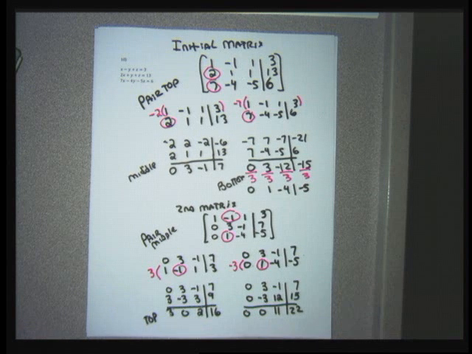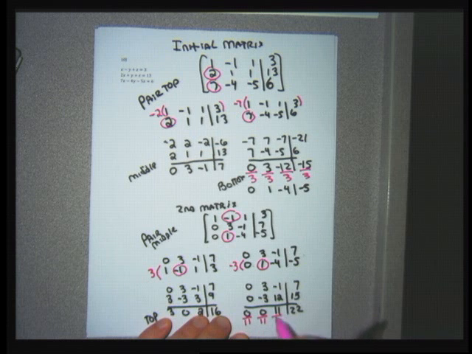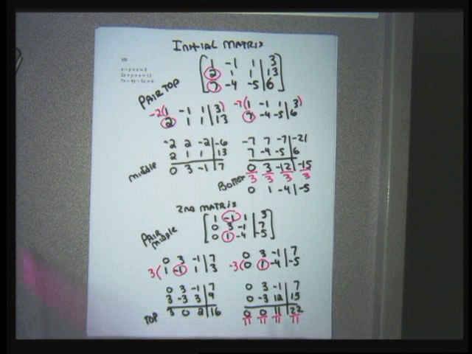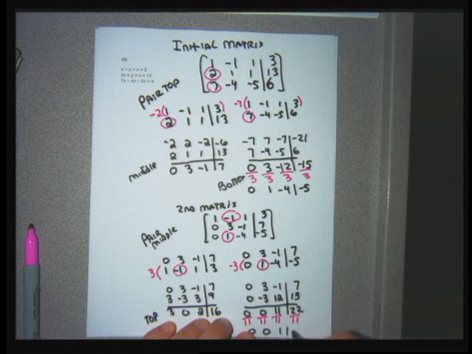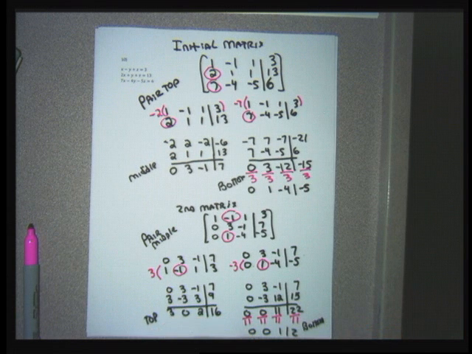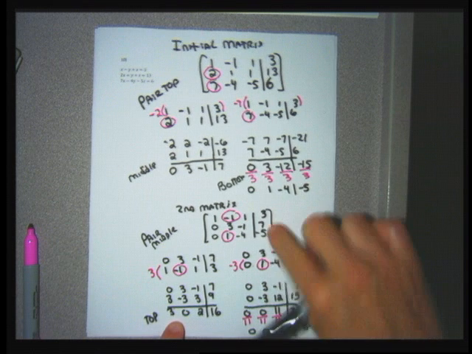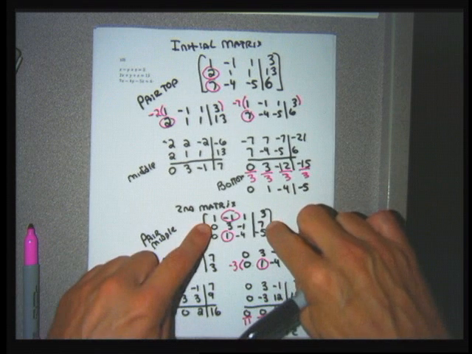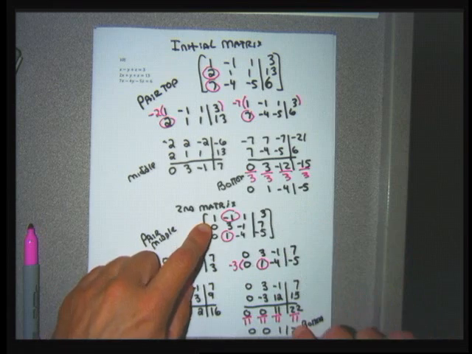I'm going to divide these by 11 and get 0, 0, 1, and 2 for my new bottom. So I'm getting ready to write down my third matrix. My third matrix is going to have a top row of 3, 0, 2, 16, a middle row of this 0, 3, negative 1, 7, and a bottom row of 0, 0, 1, 2.